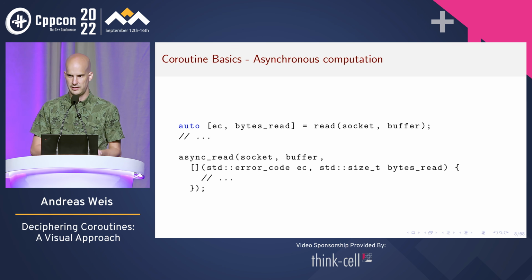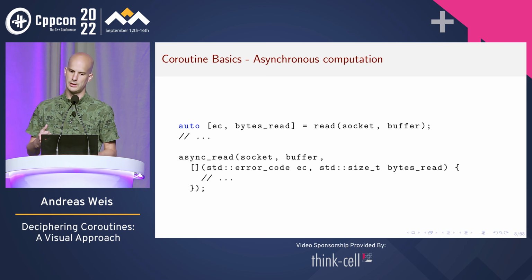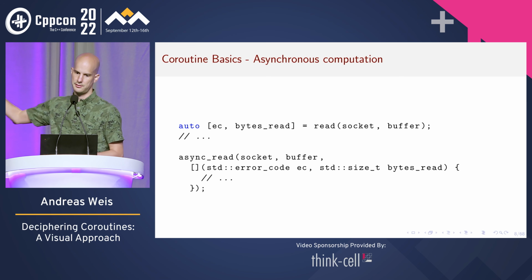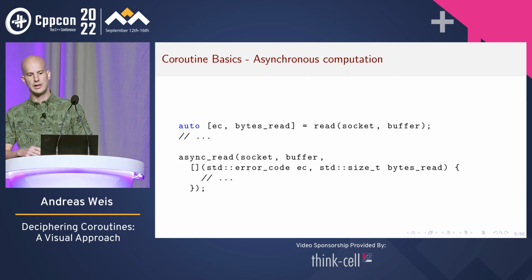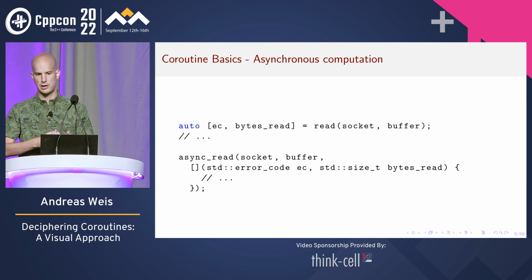That's why if you care about efficiency, you usually use an asynchronous library. But as you can see here, if you compare the blocking call at the top and the asynchronous call at the bottom, in the asynchronous case, you kind of moved things around quite a bit, right?